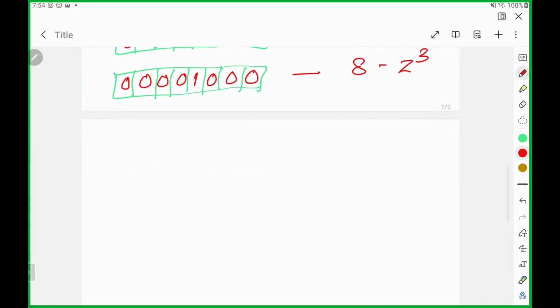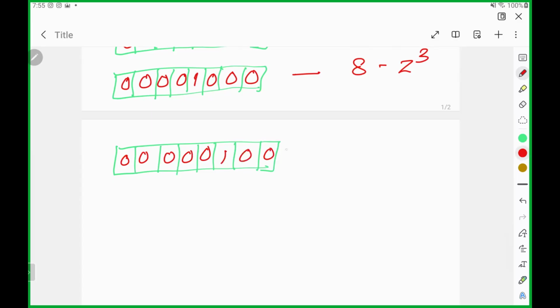So let us just finish the other ones. We'll have 0, 0, 0, 0, 0, 1, 0, 0. So this will give me 4, and 2 to the power 3.